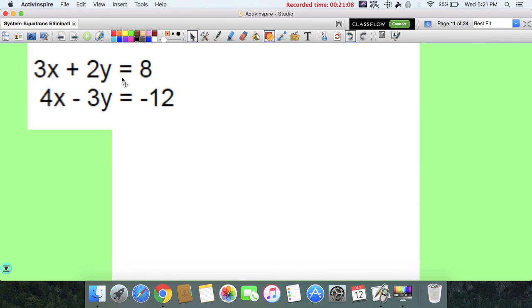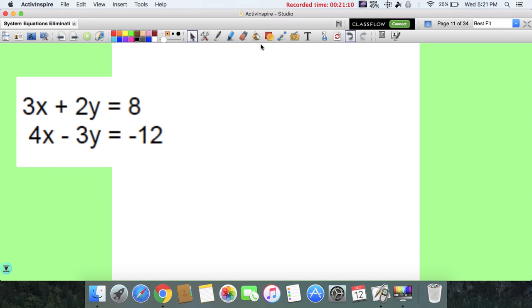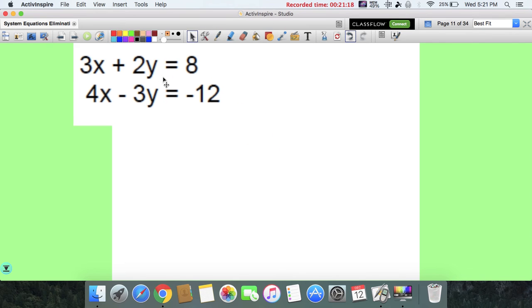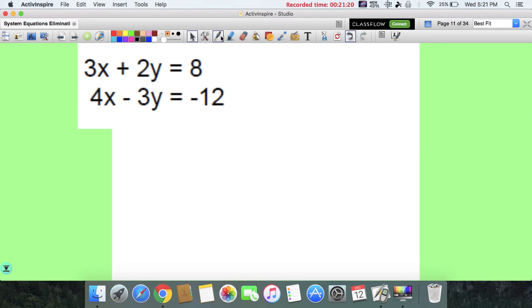So let's move on to this. Now, this is a little bit different. Let's say I want to get rid of the x. What do I have to multiply 3 by so that it becomes 4?